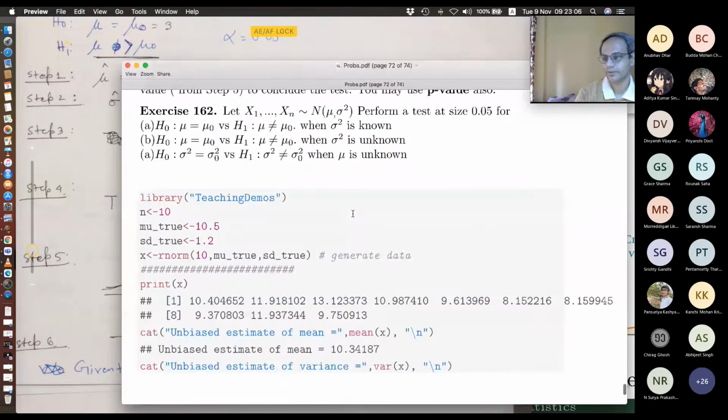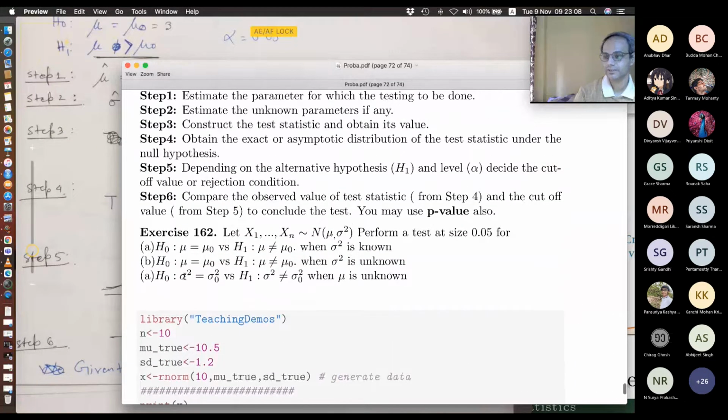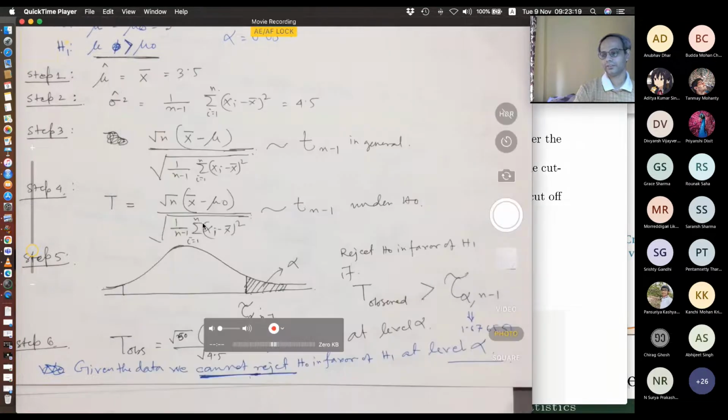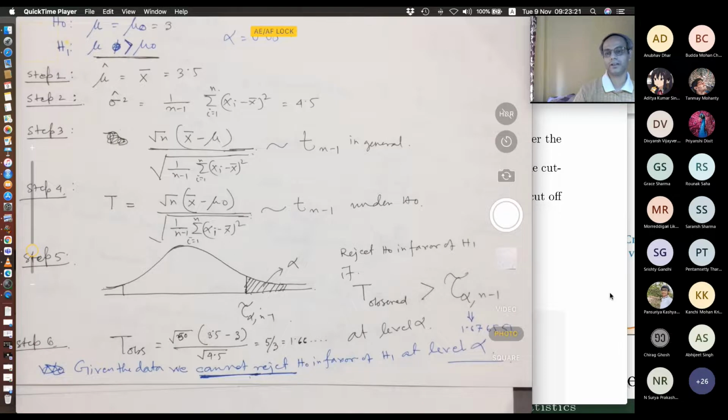Okay, so now will you be able to do this one? Sigma square equals sigma naught square versus sigma square not equal to sigma naught square. This will be a chi-square test. Here I can tell you the way p-values can be used.